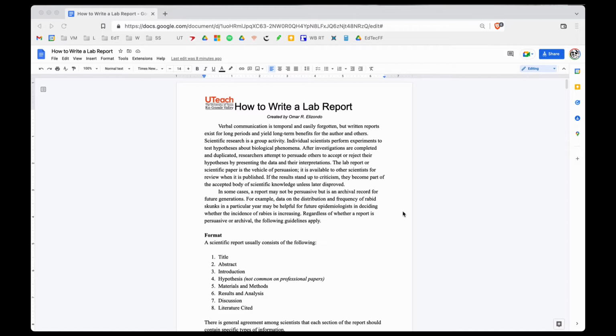So let's talk about what is the purpose of a lab report. The purpose of a lab report is to persuade people. You need to convince people, the readers of your report, of your research, the validity of your research, the importance, the significance, how it contributes to the field.